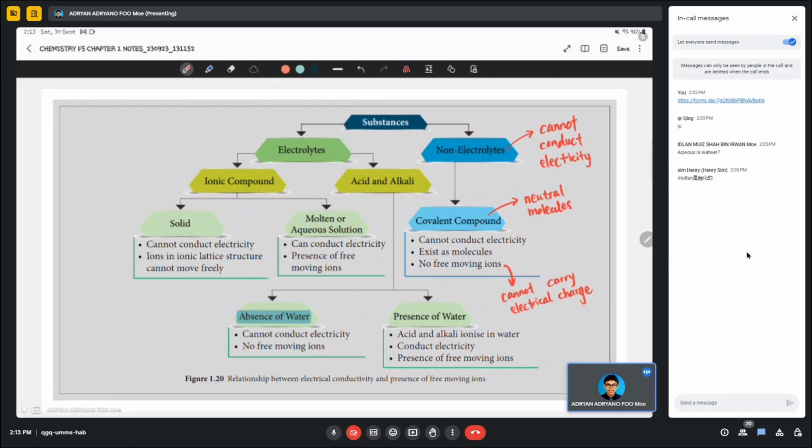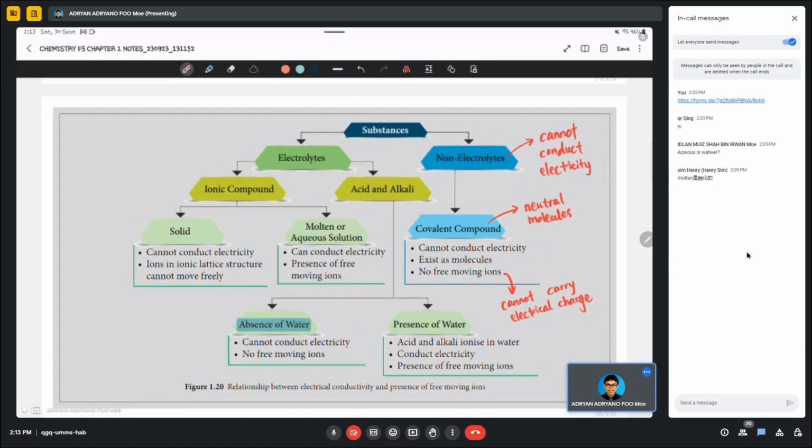Okay, so in presence of water they ionize. So whenever 它 ionize, okay, what is the meaning of ionize? Ionize means 它变成 H plus 跟 OH minus。Okay, H plus 跟 OH minus then 你就可以导电了因为有 free moving ions。Right?